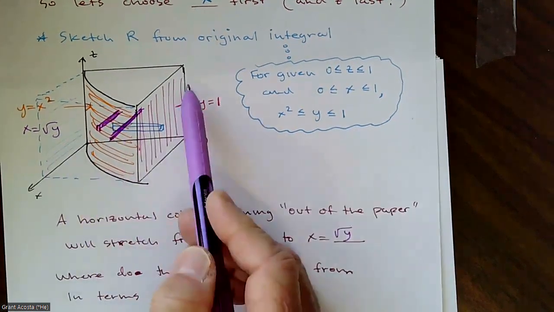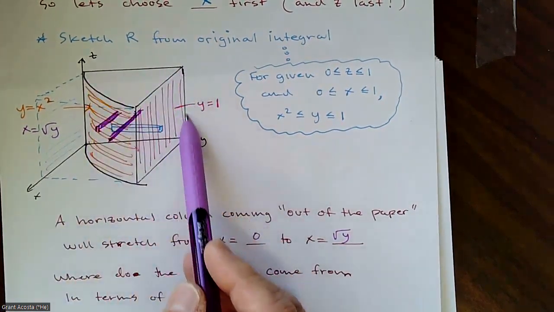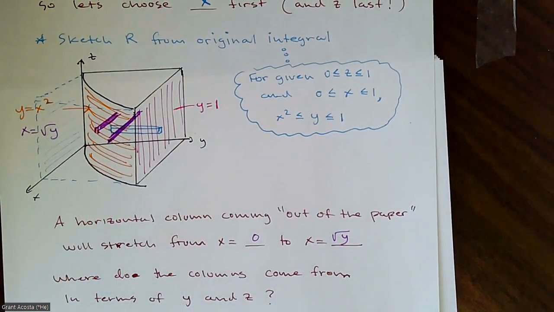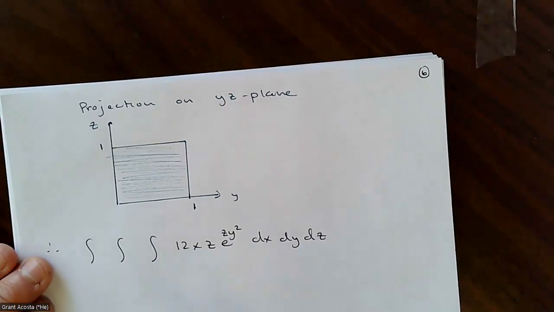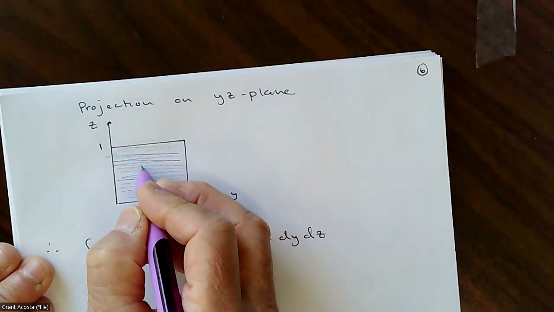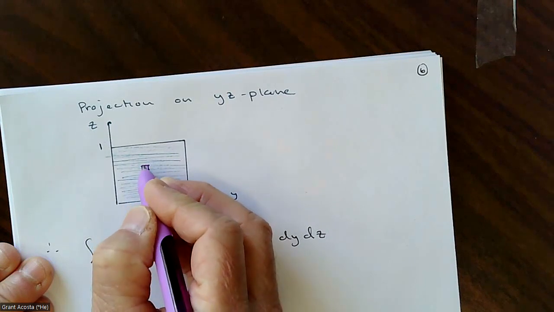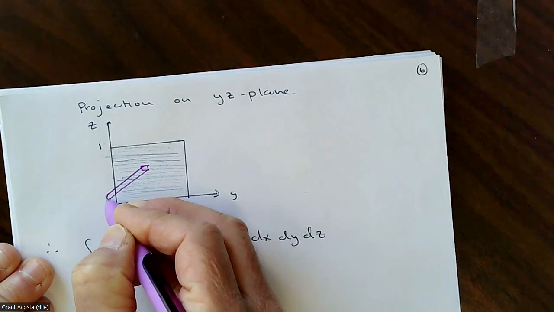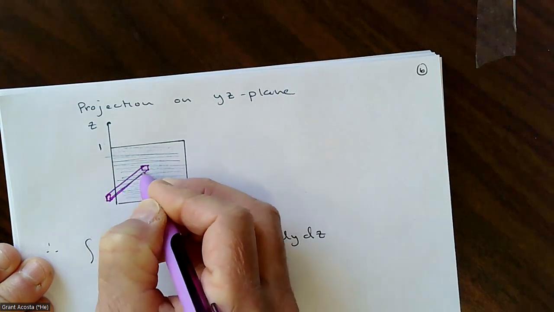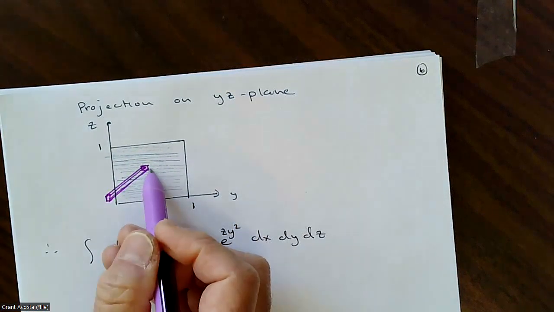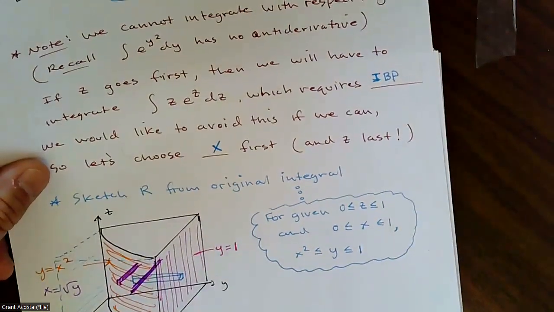In other words, if you squash this whole 3D image into the back YZ plane, they're all going to lie within that square, which has y and z between 0 and 1. Imagine a little square here coming out at you, right? That's what I was trying to draw in the previous picture. That's a column coming from this back wall right here.